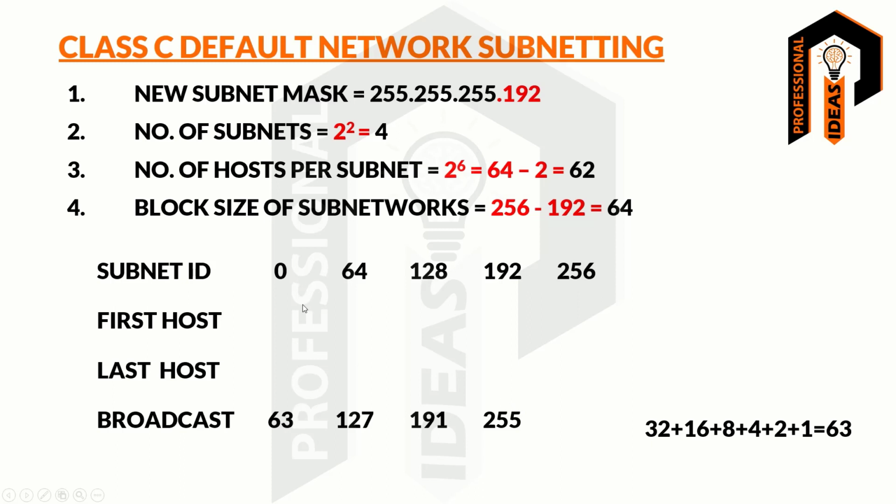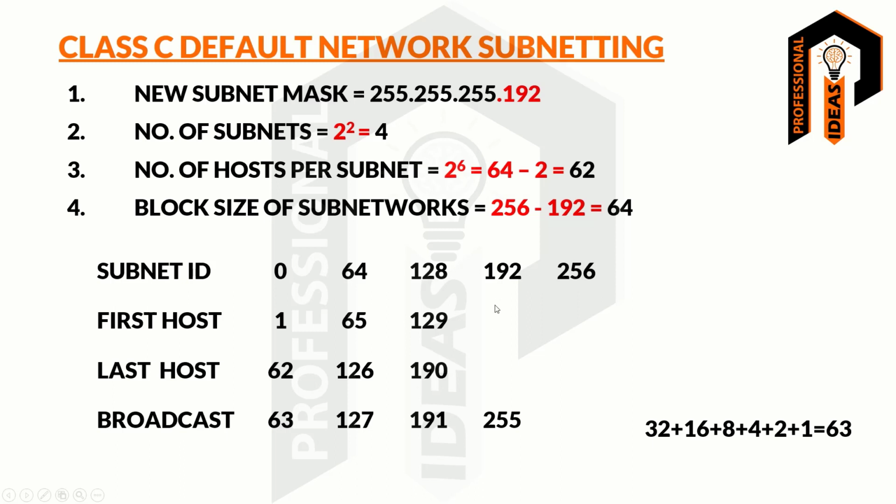Valid hosts will be between the subnet ID and the broadcast address. So the first valid host for the 0 subnet will be 1 and the last valid host for the 0 subnet will be 62. Similarly, the first valid host for the 64 subnet will be 65 and the last valid host for the 64 subnet will be 126. Similarly, the first valid host for the 128 subnet will be 129 and the last valid host for the 128 subnet will be 190.